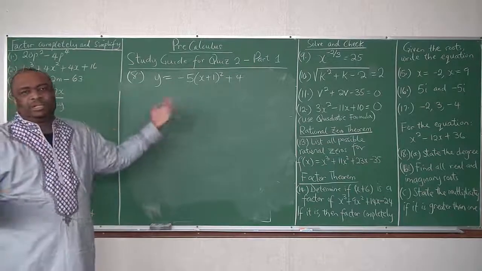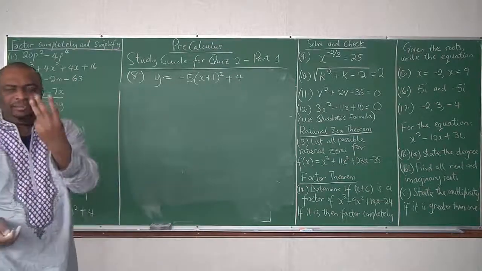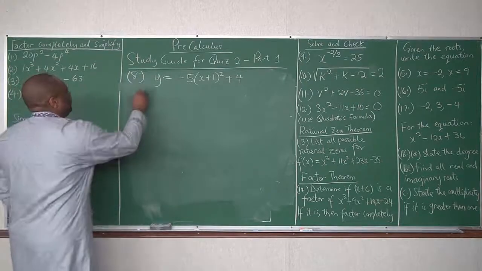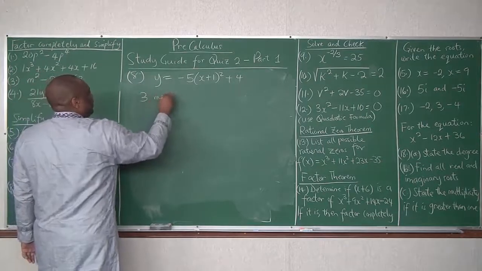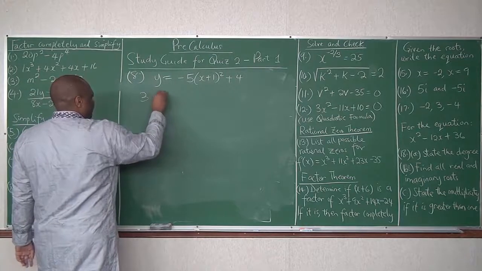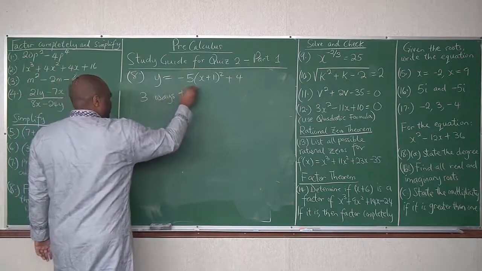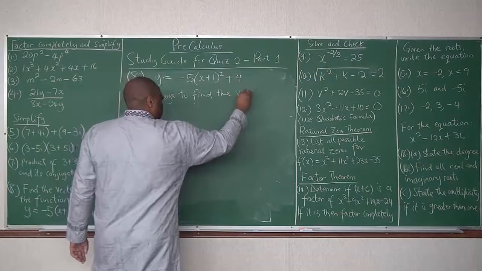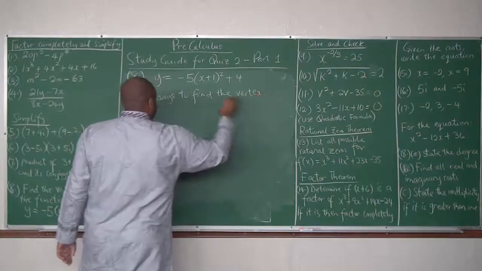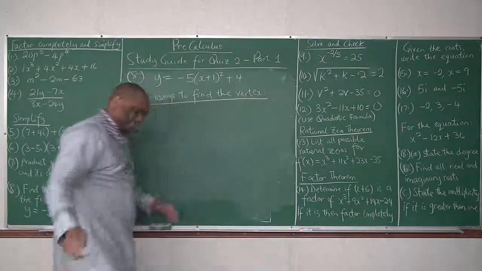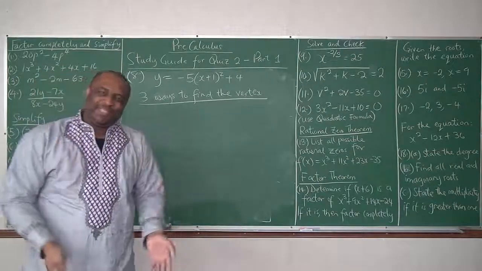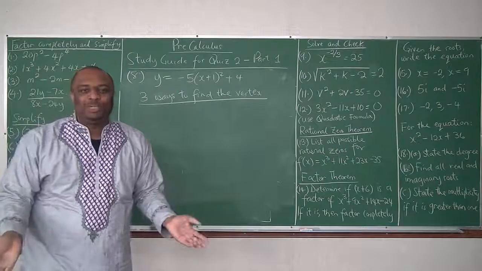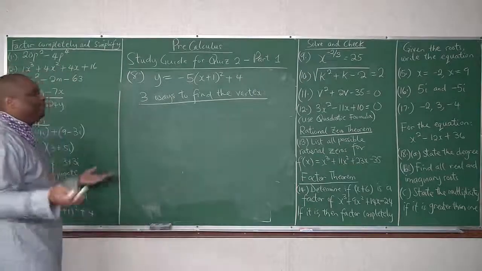Now, there are three methods or three ways to find the vertex. I like giving students several ways of solving problems, and then you choose which way is better for you.